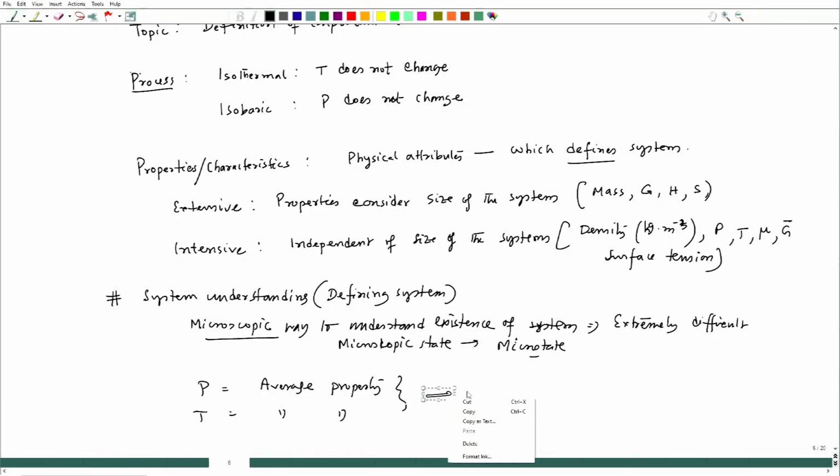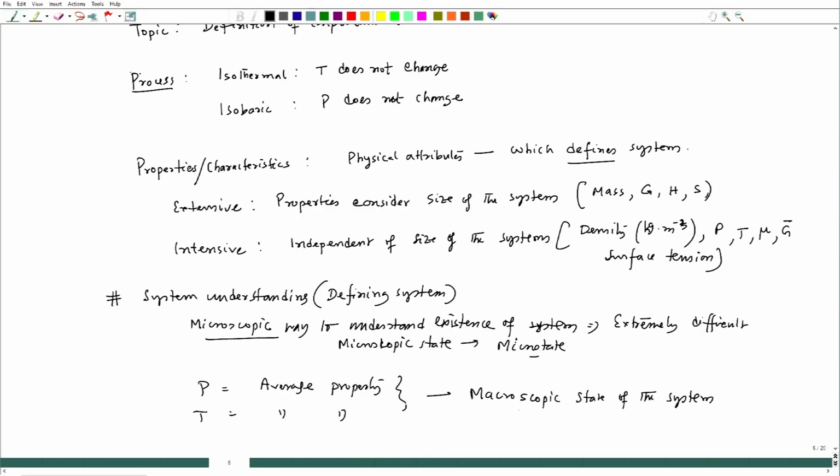For a single component system, with the help of pressure, temperature and volume, we can define the particular existence of a system, and with the help of average properties, we get to know the macroscopic state of the system.